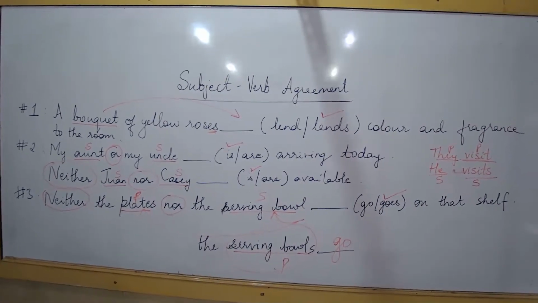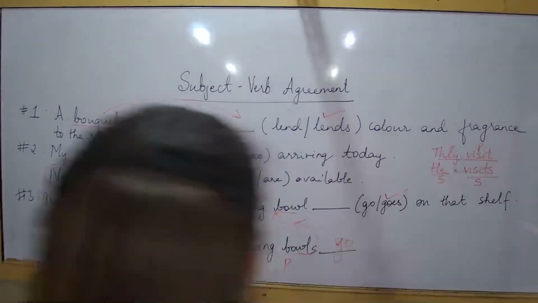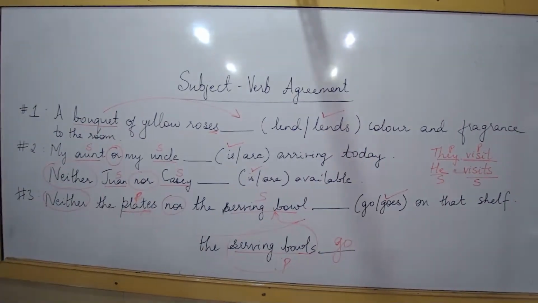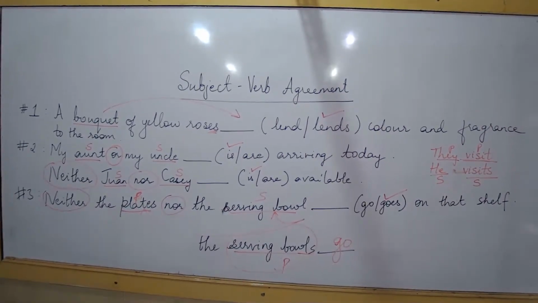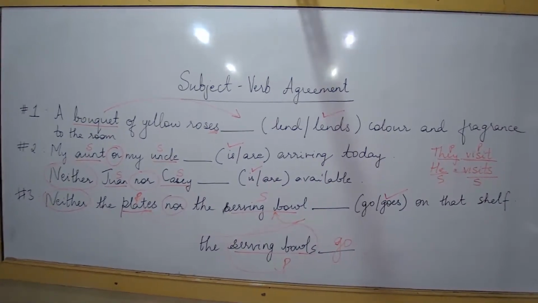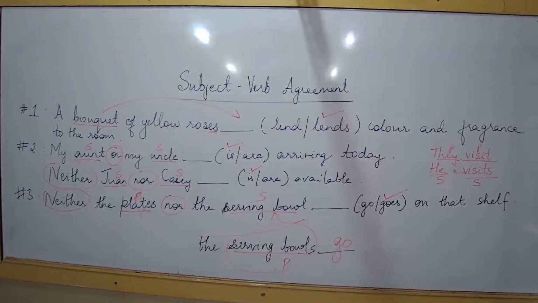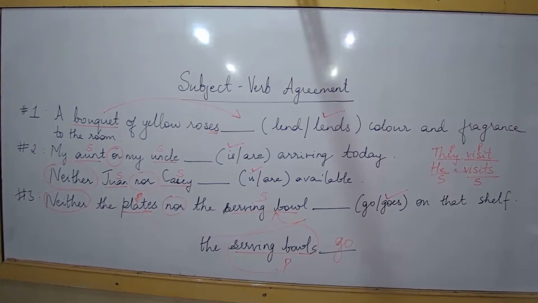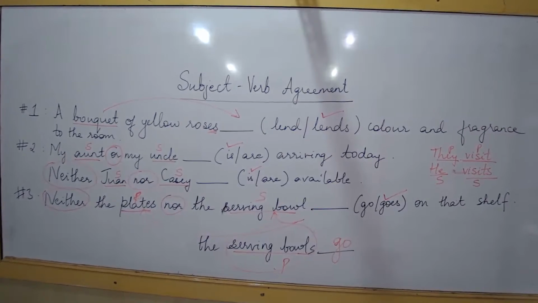Clear, no? Okay. Rule 4, write down. Use a plural verb with two or more subjects when they are connected by and.